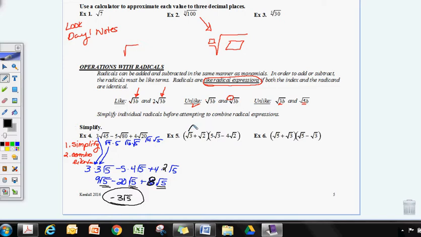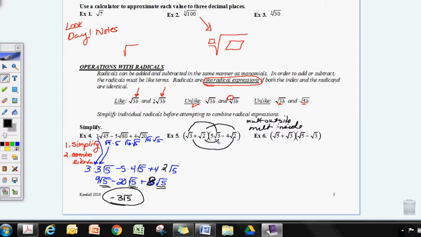Foiling is going to be the same as we've done before. We're going to do our first, our outsides, our insides, and our last. And on Friday, we talked about how we multiply outsides, and then we multiply insides. Okay, so multiply outside by outside, inside by inside.